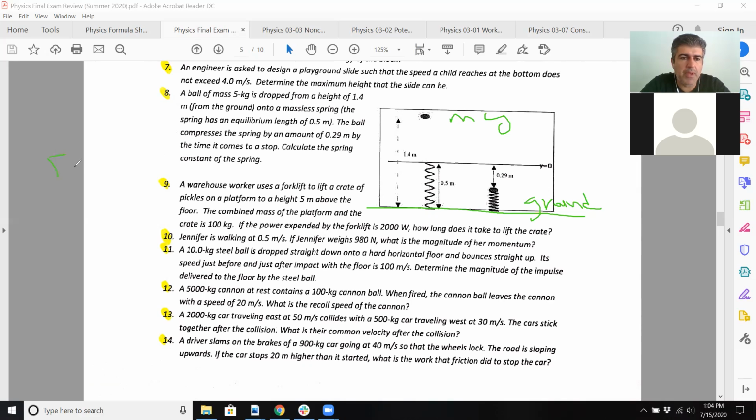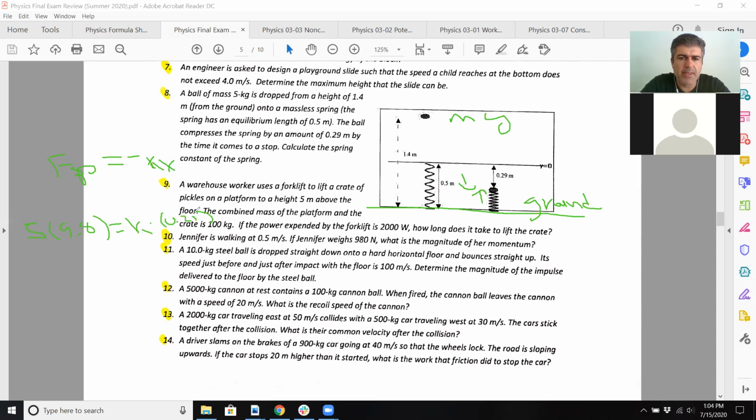So the force of a spring is going to be negative kx, and it's actually going to be acting against the rock. The bottom line is that they have to balance each other out. The force of the rock, again, is 5 times 9.8, and you can keep it all positive, and k times 0.21. I'm pretty sure that's all they want.